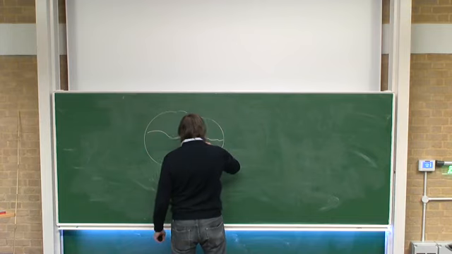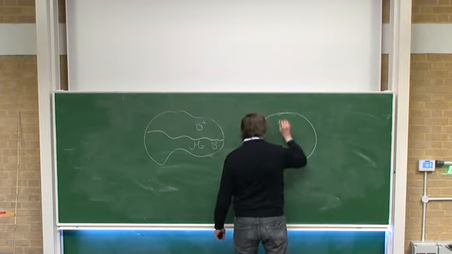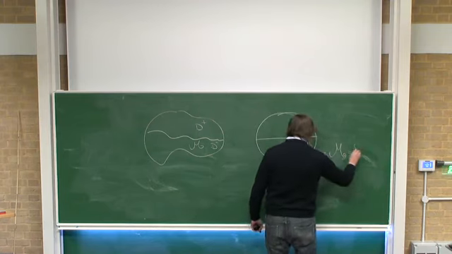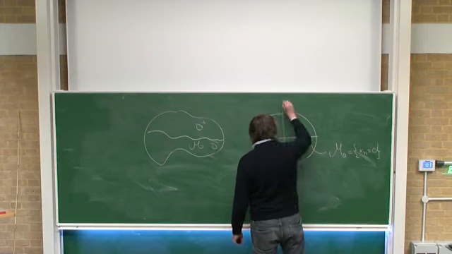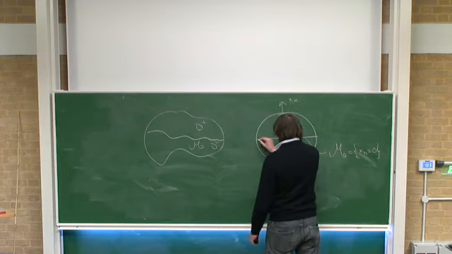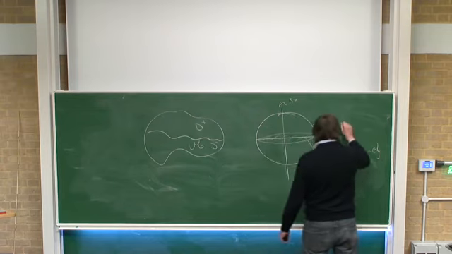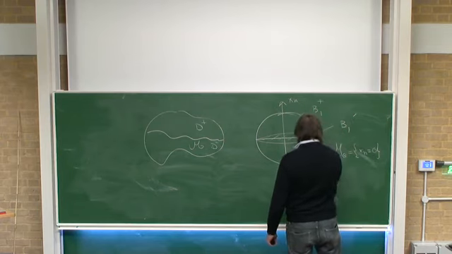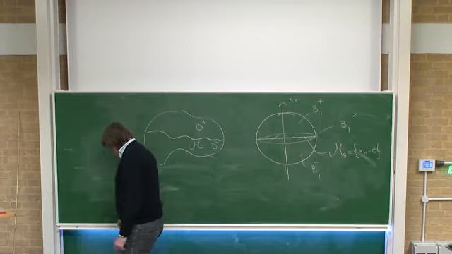This may be the general situation, but I will really look at this one. So for me, this will be xn equals 0. Think of this as the xn axis. This is going to be my thin manifold, which I denote with D1 prime. This is D1 plus. This is D1 minus. And my domain D will be the unit ball.